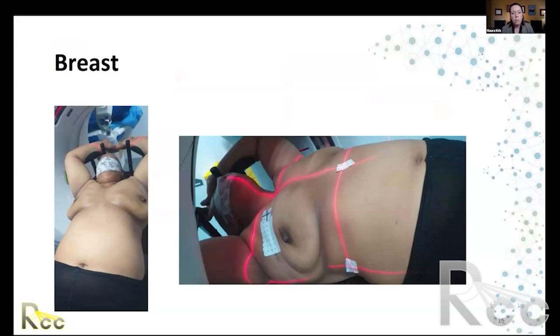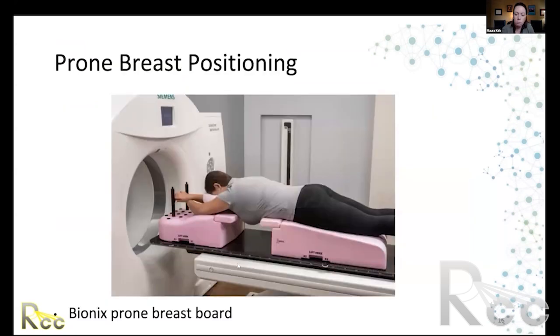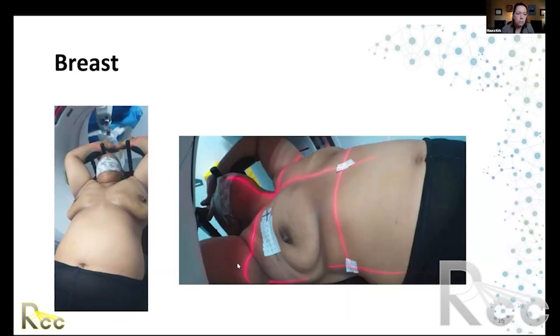Then you can see when her position is finalized for the sim and they're preparing for her marks, she has her chin raised, and there's much more clearance for the tangent fields, as opposed to when she first laid down, where the breast tissue and the chin tissue would be in the same plane. So here's an example of where hyperextending the chin would be really helpful.